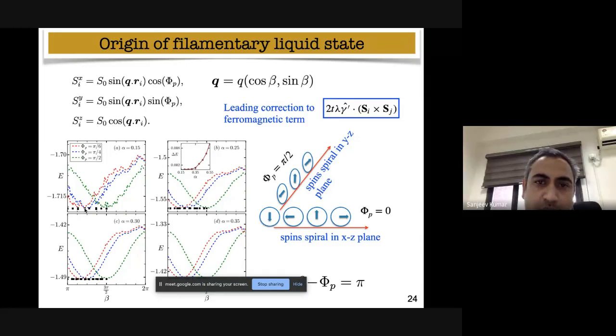with the same energy. To put this in a very simple way, if I have a spiral plane like this, and suppose the plane is XZ, then the spirals would like to go along the X direction. If the plane orients in the YZ direction, then the spirals travel along the Y direction. Similarly, a different spiraling plane can have a different Q vector, but all of them have the same energy, which means that the orientation of the filaments or the domain walls is completely free of energy cost.